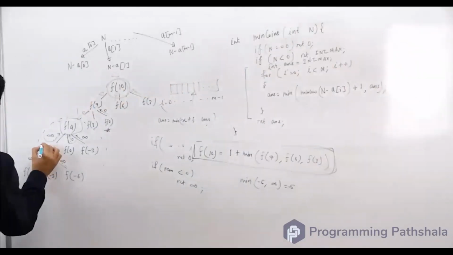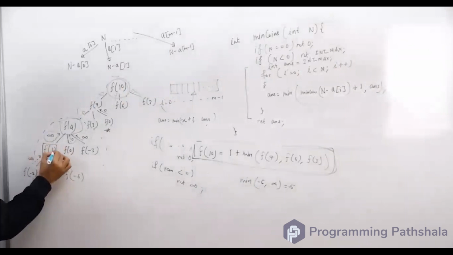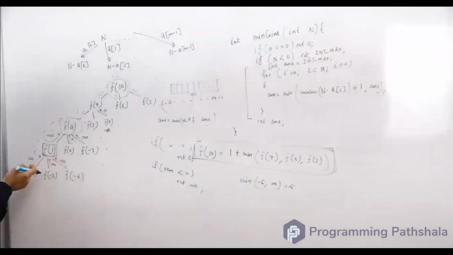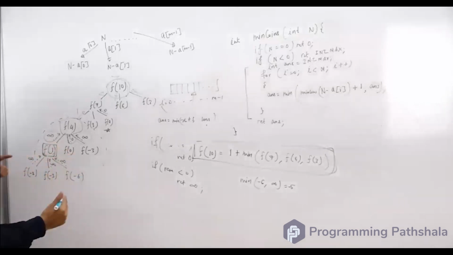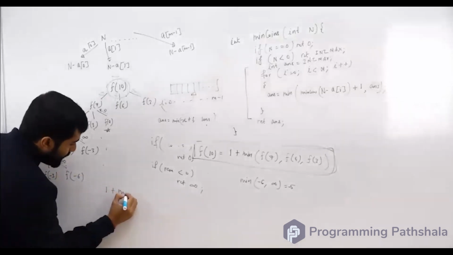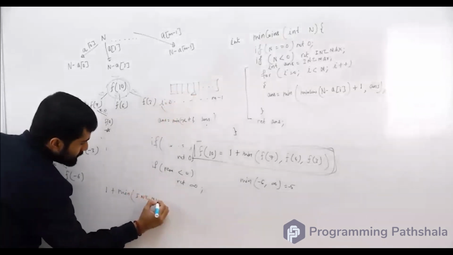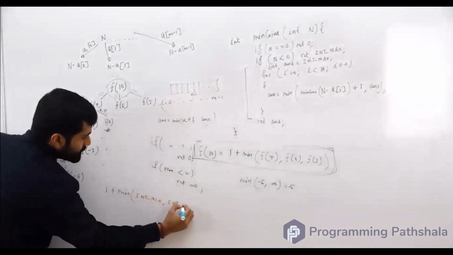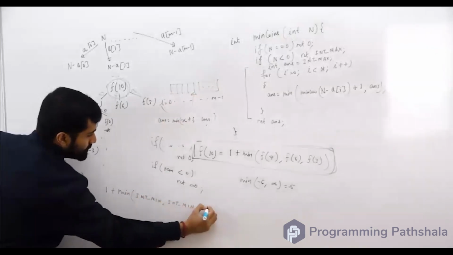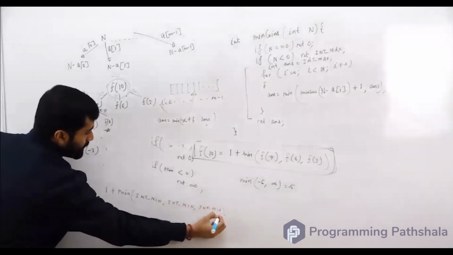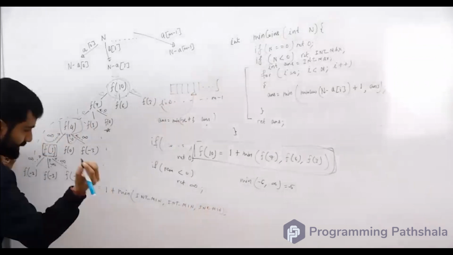Okay, now there is one very good question that a lot of you are asking. See, I had told you in situations like these, like at f of 1, it might happen that all the children are returning infinite, infinite, infinite. So if you compute 1 plus int max and store it in an integer, let's say x, what will happen?